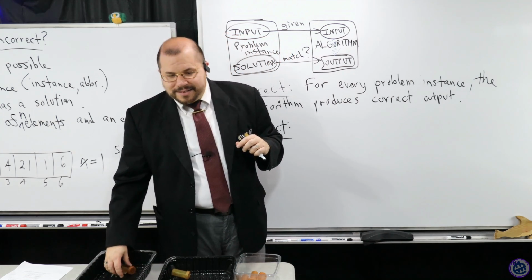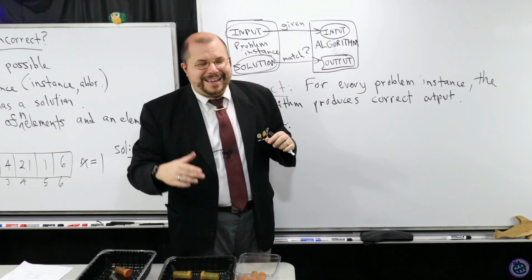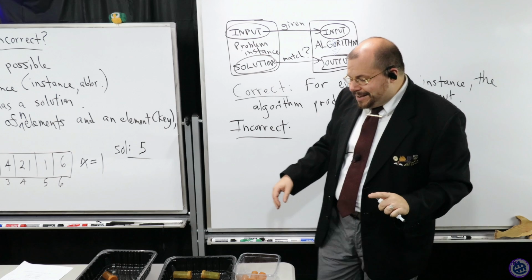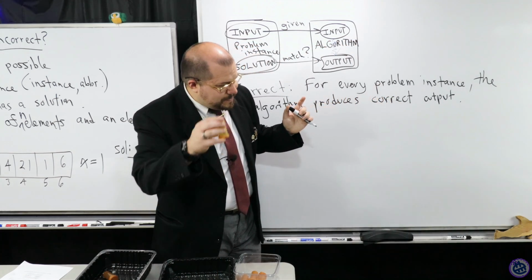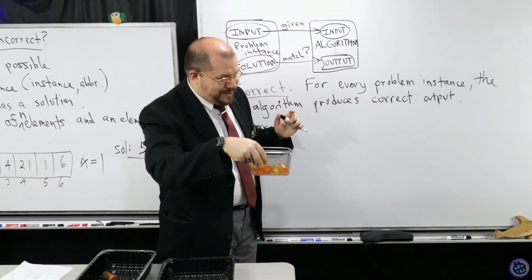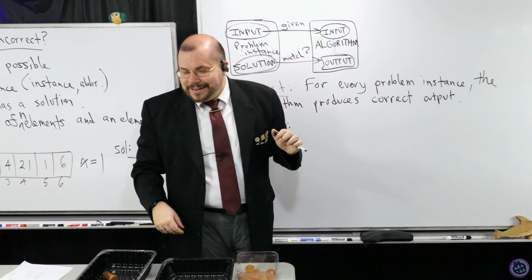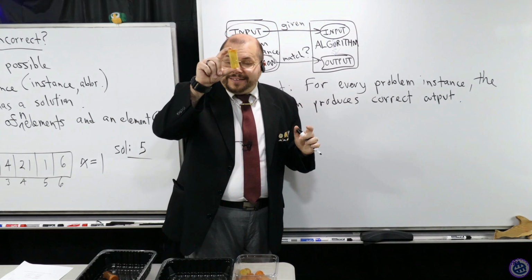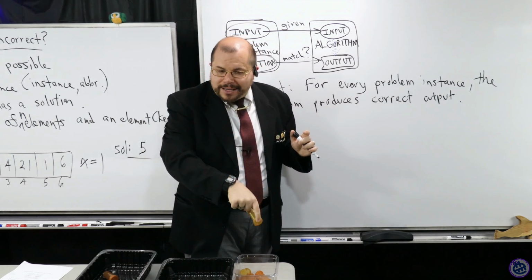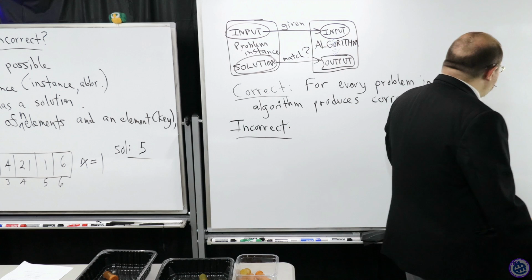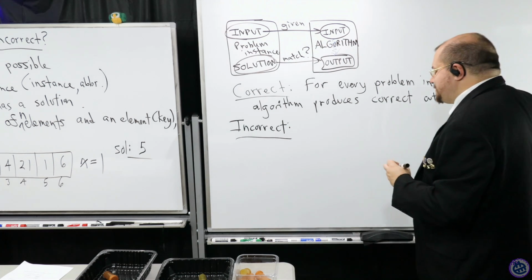If it goes into the other bucket, incorrect output. But remember, to be correct means that every one of the instances has to go in the cha-ching bucket, the one for which it produces correct output, right? So to be incorrect means that there exists one of these instances that does not go in the cha-ching bucket, it goes in the other bucket. So that's all it means to be incorrect.